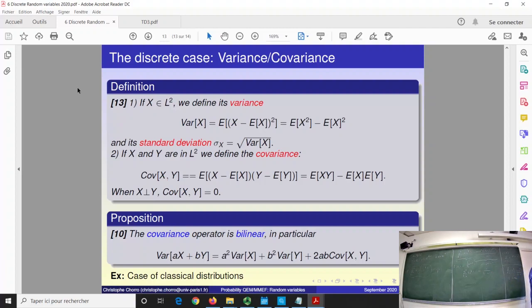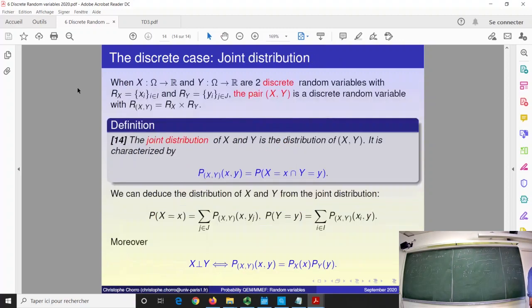I will compute the variance in classical cases, and I will finish with what happens not in the case of one discrete random variable, but in the case of two, in order to pass from a single random variable to a vector, because in one part of the course I have to deal with random vectors, which are just vectors whose coordinates are random variables. It will finish the course concerning discrete random variables, and we will do exercises from list 4.